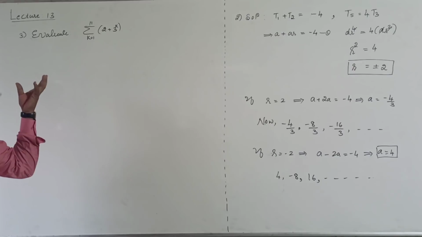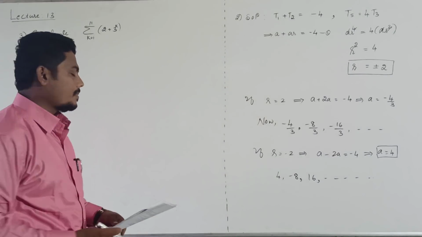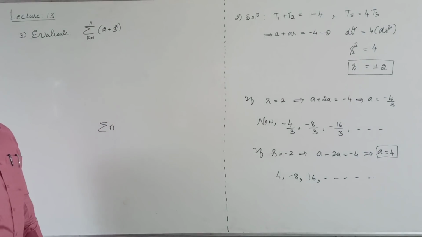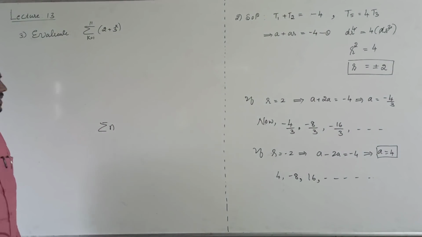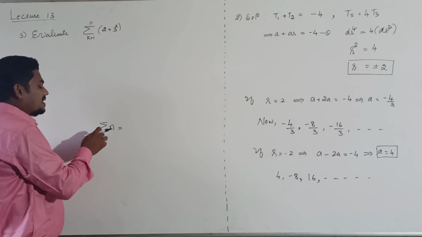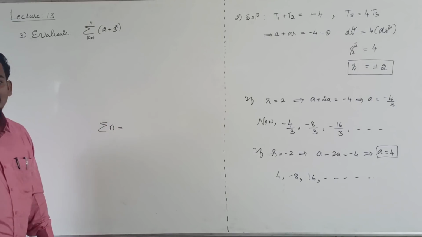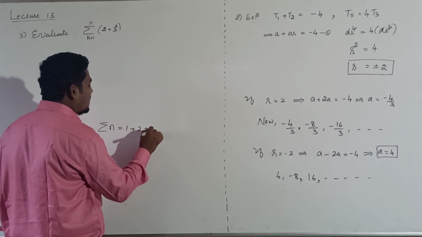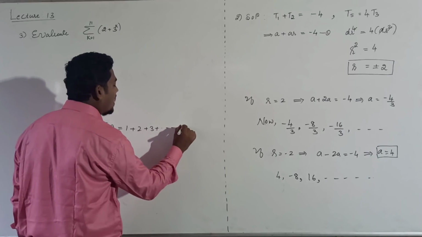Sigma is nothing but sum. Summation of n, where nothing mentioned means it is 1 to n. Its expanded form is 1 plus 2 plus 3 plus 4 and so on plus n.